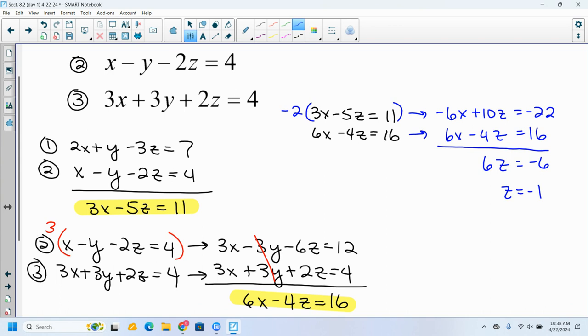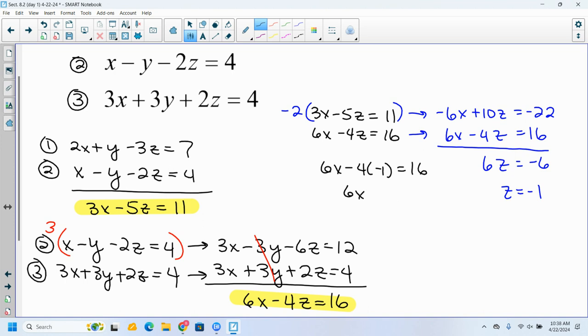Now go back to either of those two equations you're working with. Figure out what x is. Okay, so substitute in your negative 1. And I'm just going to pick this 6x minus 4z and make z negative 1.